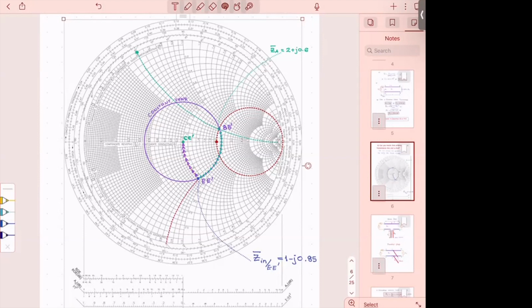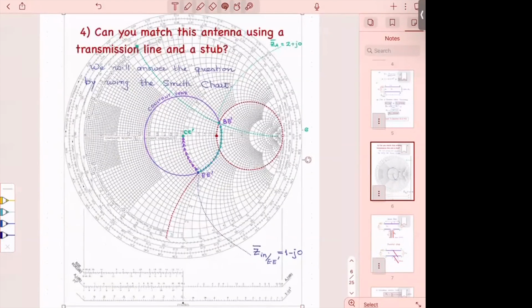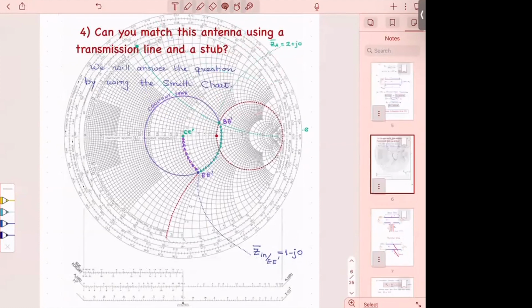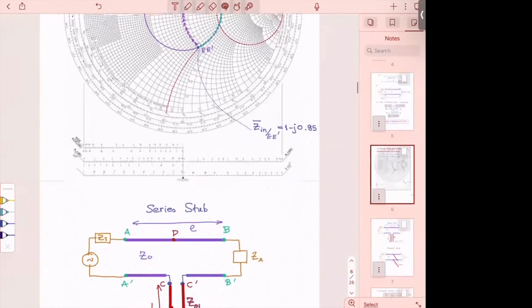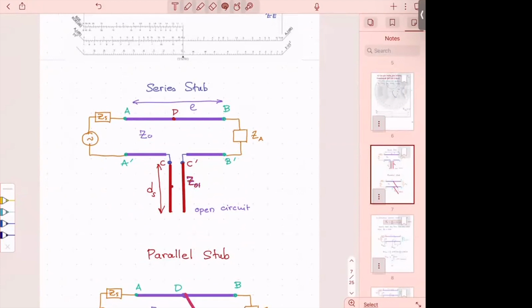So I move around. Okay, so I go here, but then I can go around, right? Every time I go around by half a wavelength, what did I say is happening? Find the same impedances, right? So if I move on my transmission line by this distance, and I come to point B, C, this point.